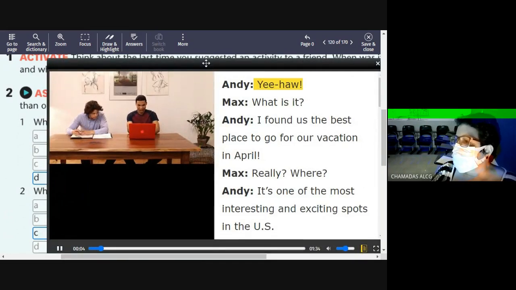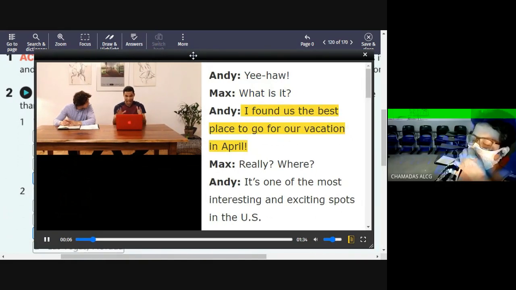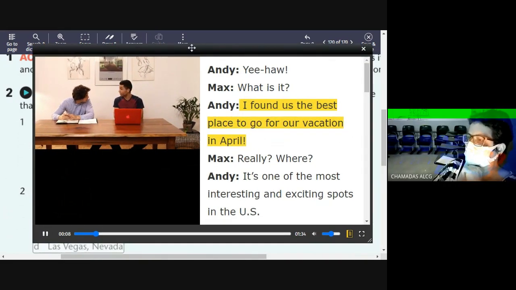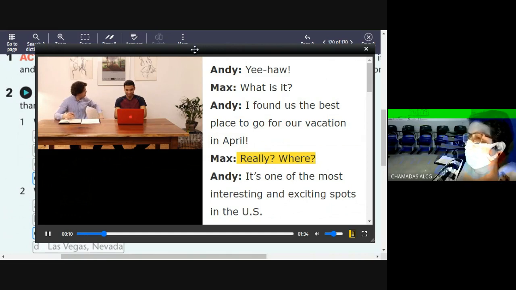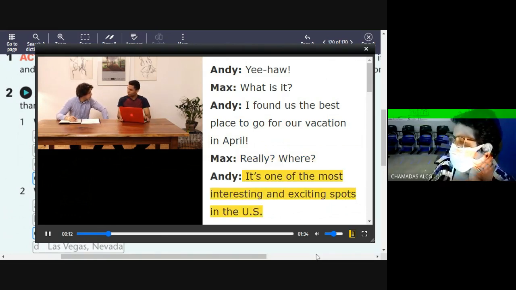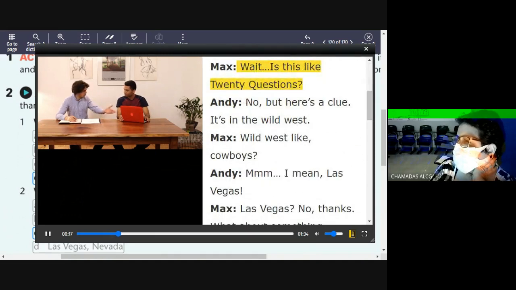Look. Yeehaw! Look. What is it? I found us the best place to go for our vacation in April. Really? Where? Look. It's one of the most interesting and exciting spots in the US. Wait, is this like 20 questions? No, but here's a clue. It's in the Wild West. Wild West? Or like cowboys?